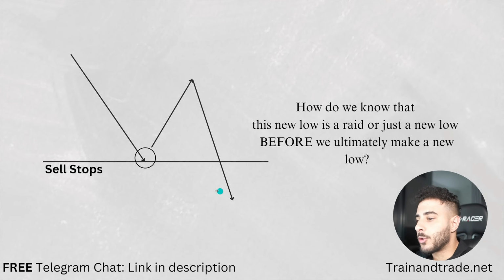So many people wonder whether this is going to be a raid on sell stops or whether it's going to have an impulse move up and then push down. So we're going to clarify the scenarios that give us likely situations to identify whether this is a raid or a potential retracement before a move lower.